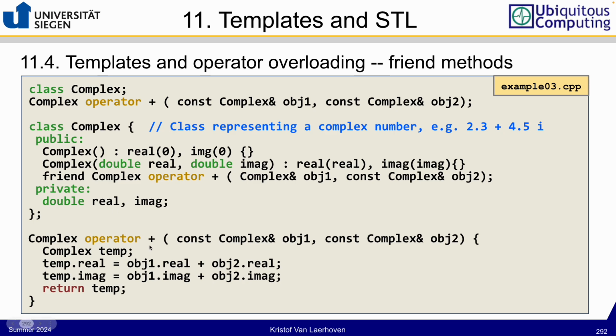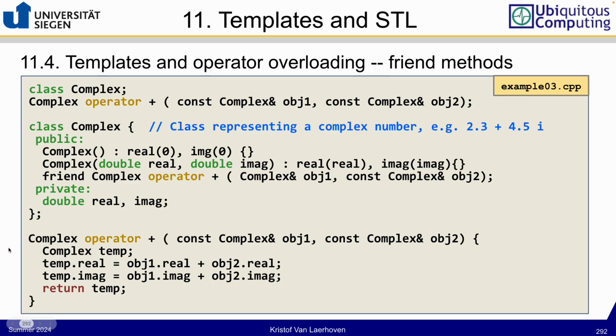And the new thing here is that it is a friend function and therefore can access the private data that belongs to complex. If this was public over here, we would not have to declare it as a friend here, and we would just have something as before, right? That's the difference.